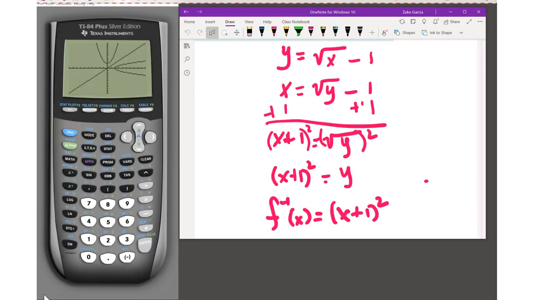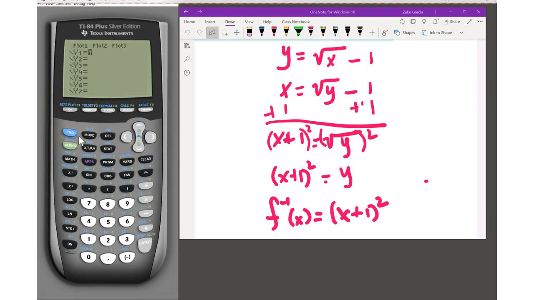I'm going to go back to my equation, the y equals screen. And of course I'm using a TI-84. You can use Desmos if you want. So I'm going to type in the original function.